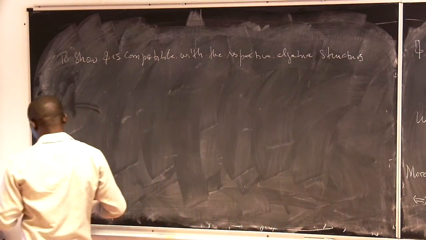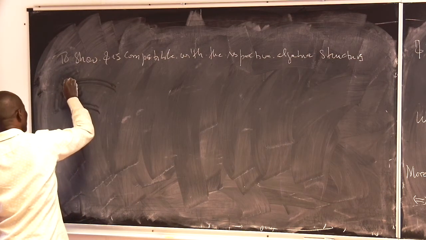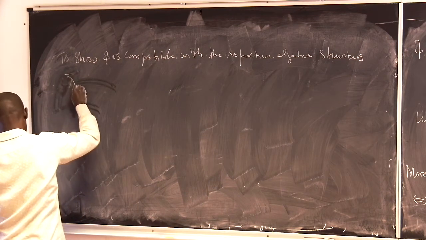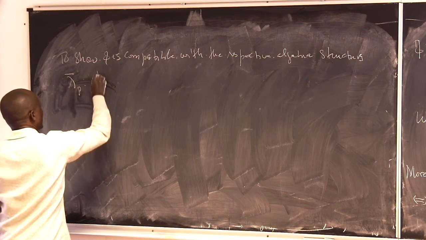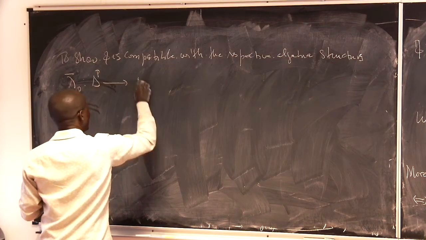consider the affine maps lambda bar p defined from delta p to delta p plus q.